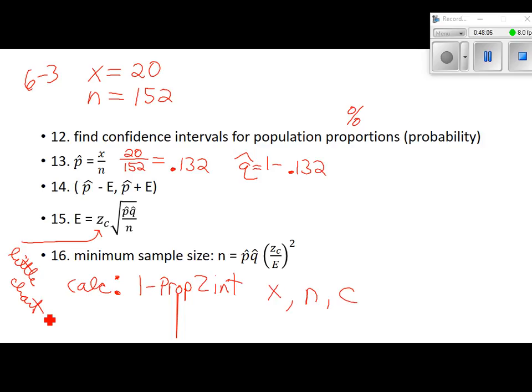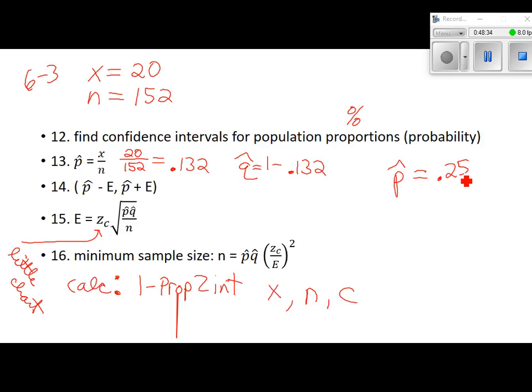Seems like I'm missing something on this. What if I told you this? P hat is 25%. So we know that the probability of whatever it is we want to occur is 25%.